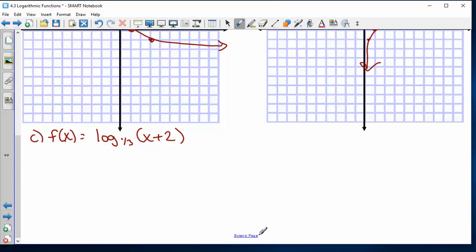We can graph log base 1/3 of x, right? That's what we did on part A. That's like your parent function.